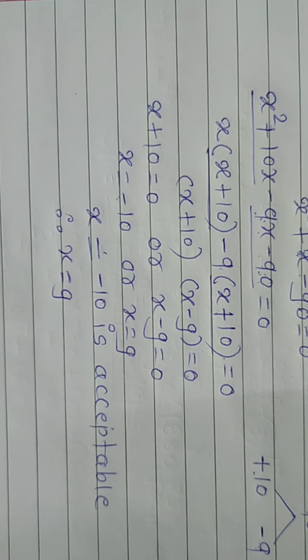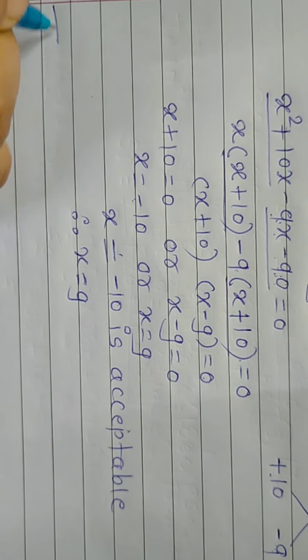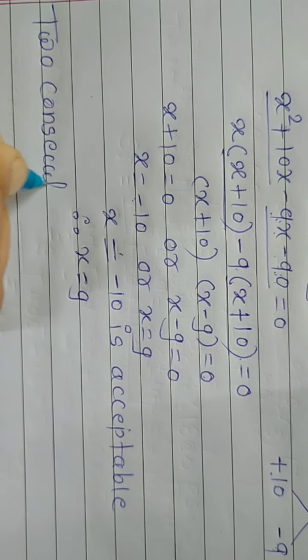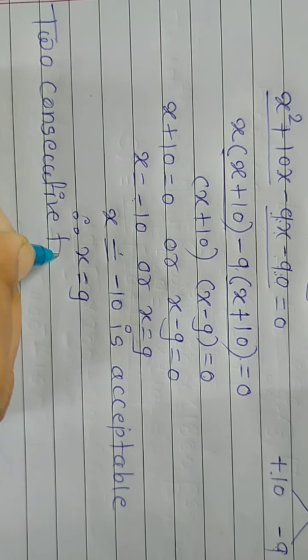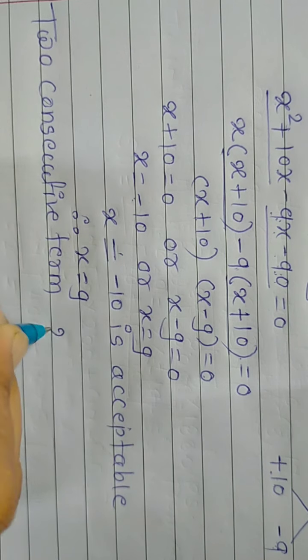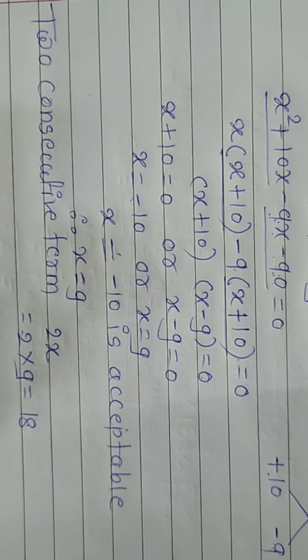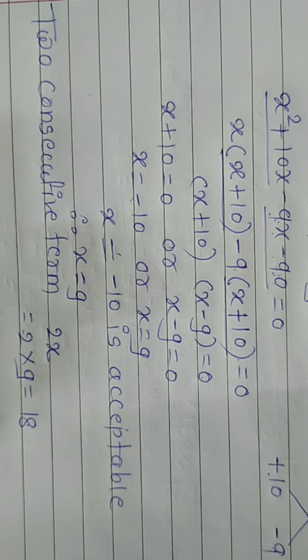Okay. Then find the two terms, the two consecutive terms. First one is 2x. Substitute the value here, 2 into 9, 18. And another term is 2x plus 2.